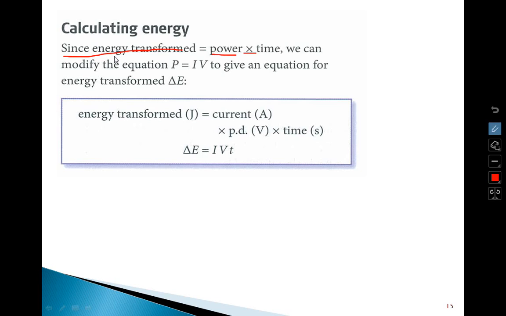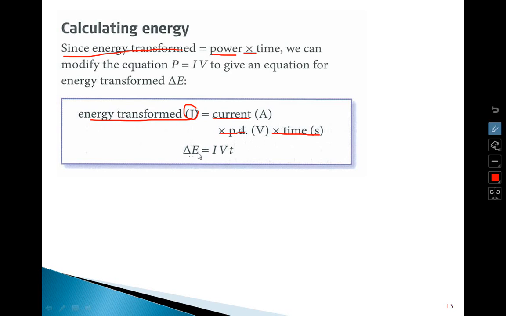Energy transformed is equal to power times time. So we can modify the last equation, P is equal to IV, to give another equation for energy. Energy transformed, in joules, is equal to current times V times time.